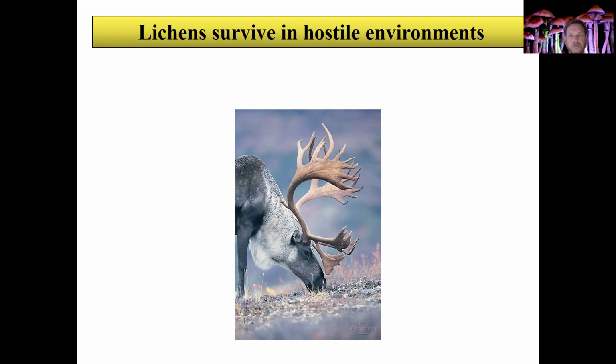Lichens are tough. They grow on rocks, on bark, and even in the tundra. They're often food for reindeer, caribou.